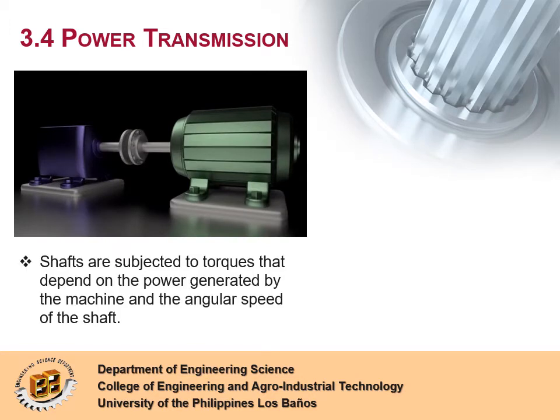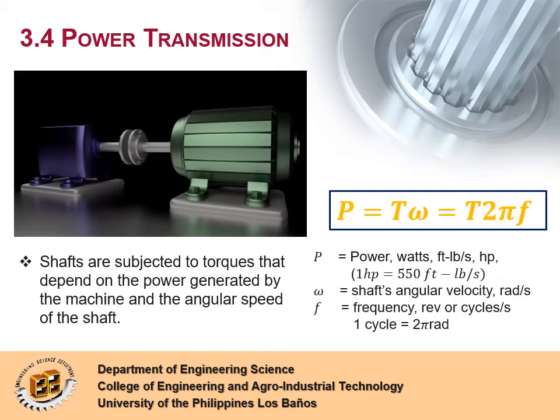Shafts are subjected to torques that depend on the power generated by the machine and the angular speed of the shaft. Therefore, power transmitted is equal to the torque experienced by the shaft multiplied by the angular velocity of the shaft, or it is also equal to the torque multiplied by 2 pi multiplied by the frequency of the motor.